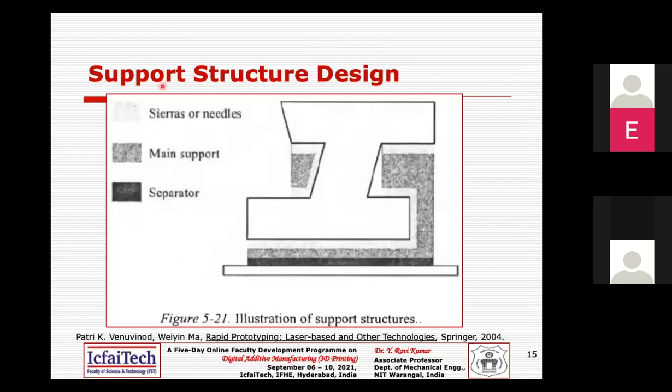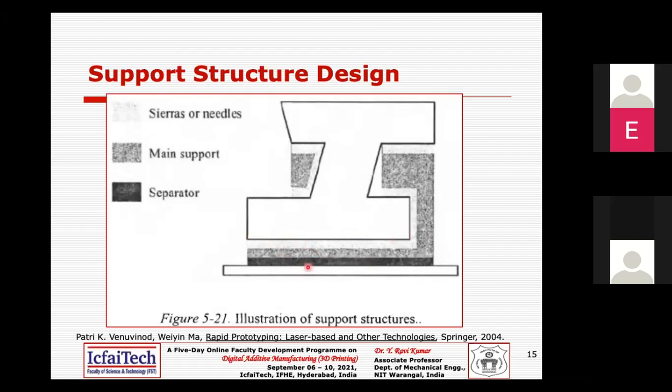If you look closely at the support structure design, we can divide the support structures into three categories. Say I have a platform or a substrate. On top of that substrate, we are not going to start right from the first layer as a model component.